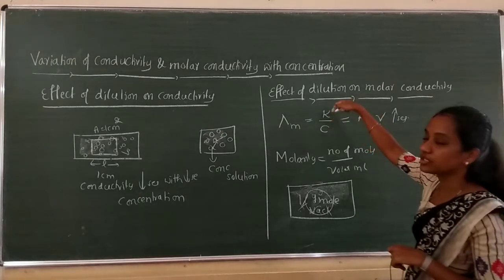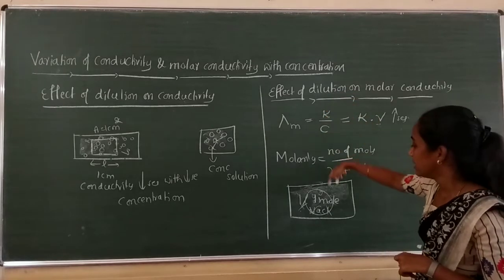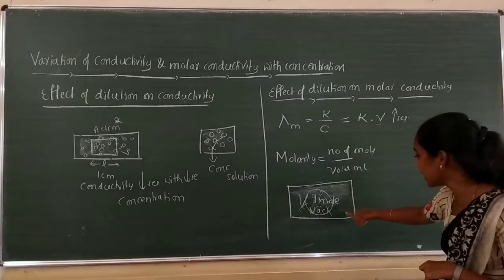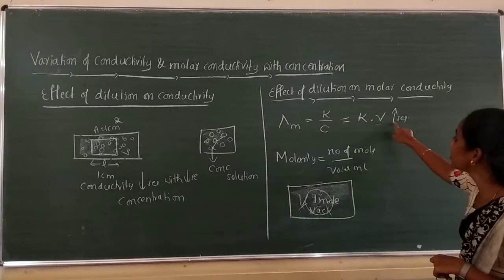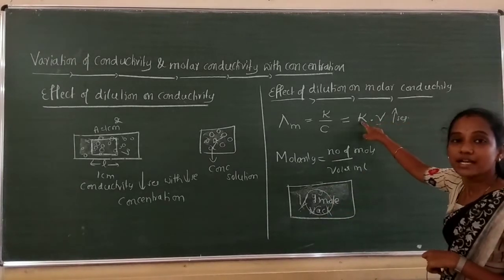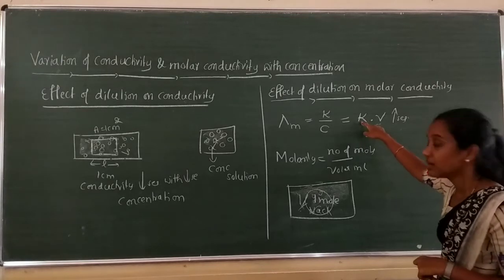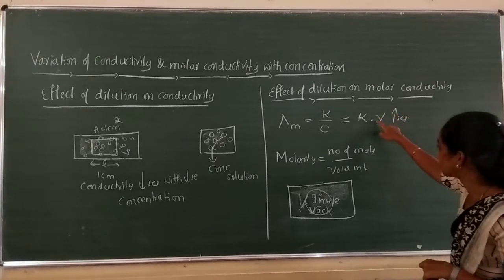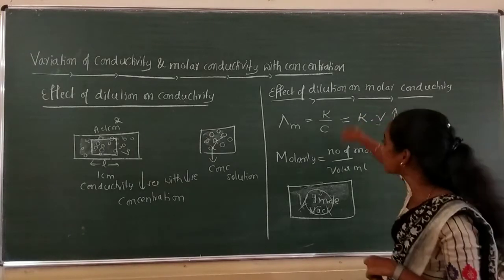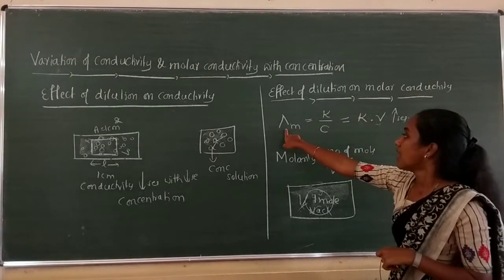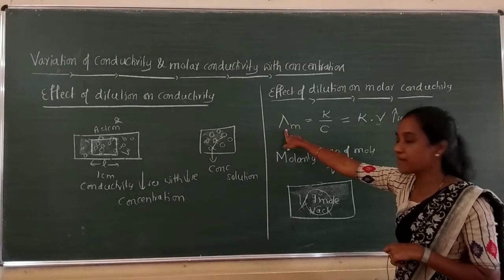So here there are two factors. Upon dilution, or as we decrease the concentration of the electrolyte by adding excess of solvent, the volume of the solution goes on increasing, whereas conductivity decreases. When compared to the volume factor, the decrease in the conductivity factor is less. So automatically, upon dilution, what happens?